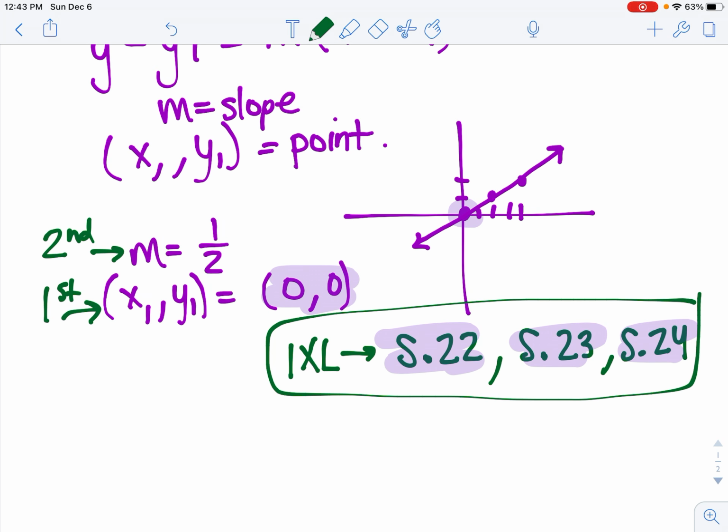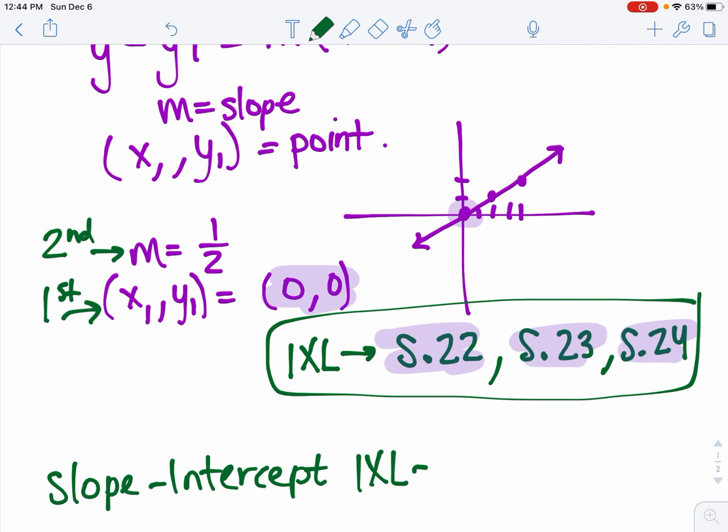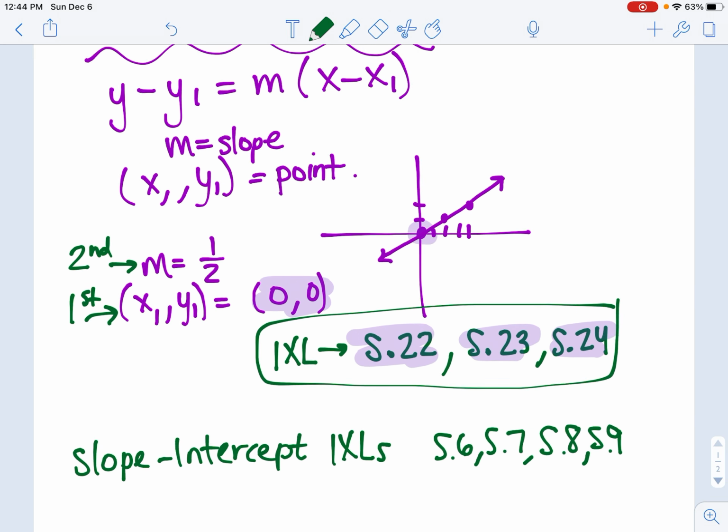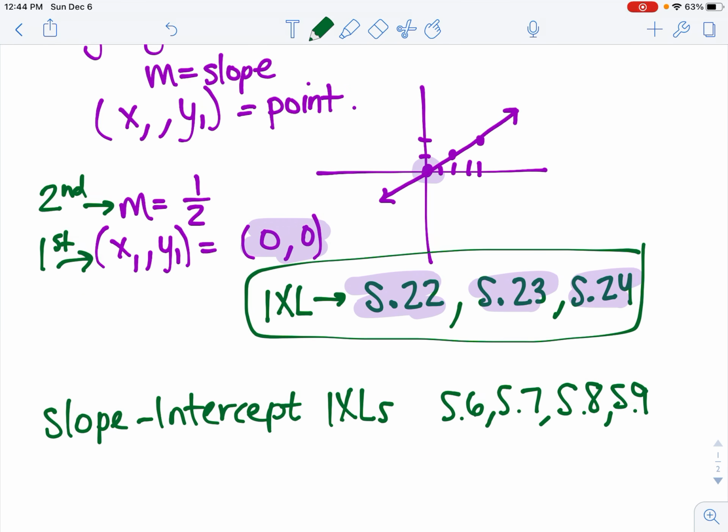And you've had several days to work on your slope-intercept IXLs, which are S6, S7, S8, and S9. And Miss Pettit said you guys did a wonderful job on those. I am hoping to be back on Thursday too, so I'll be able to do these in person with you. We'll be able to spend some time making sure we get caught up on things. Okay, good luck.